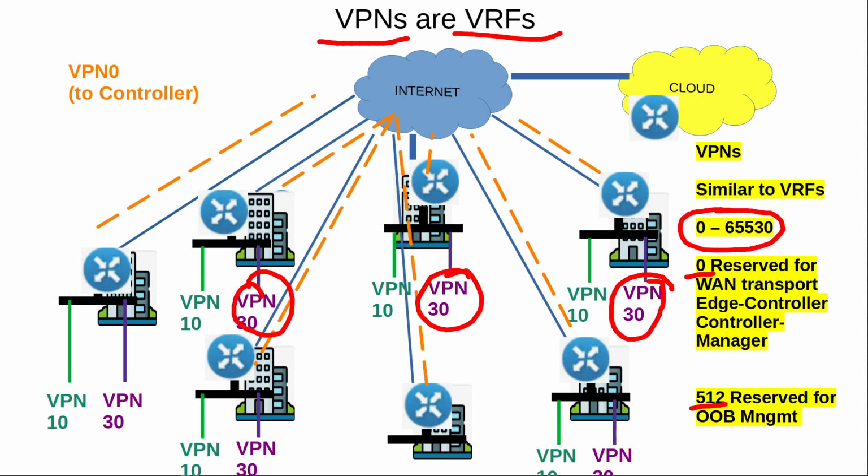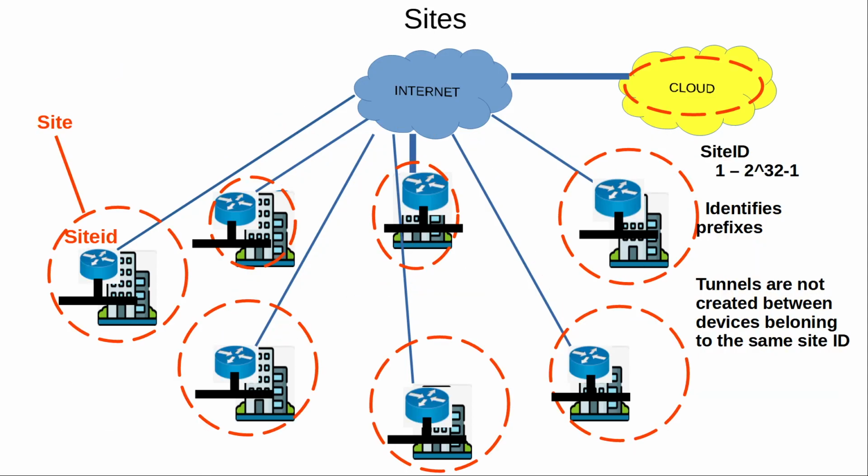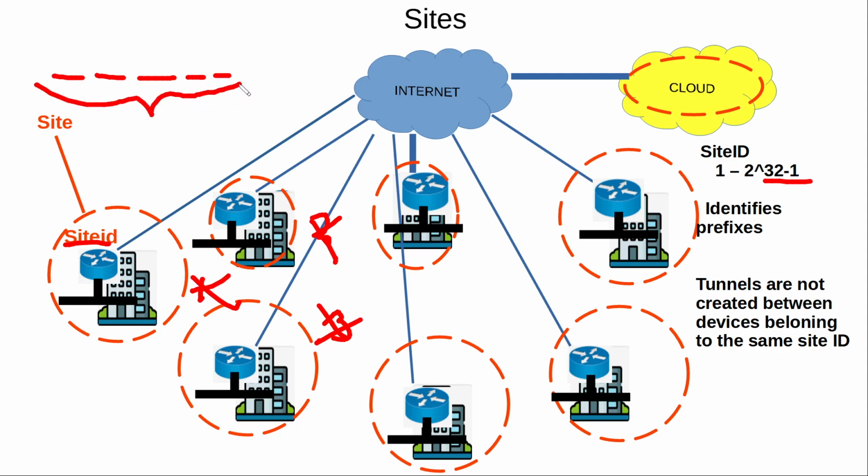As an example, every location is known as a site, regardless of the type of location, and every site is identified by a different site ID, which is 32 bits wide. Make sure not to assign random site IDs. Don't do that, but rather define these 32 bits wisely. For instance, you can define that the first 5 bits will define the location type.